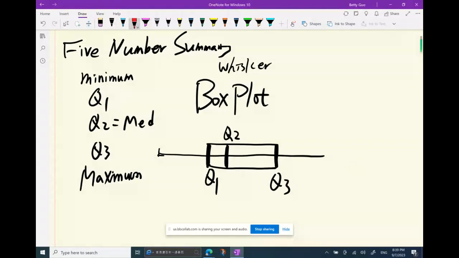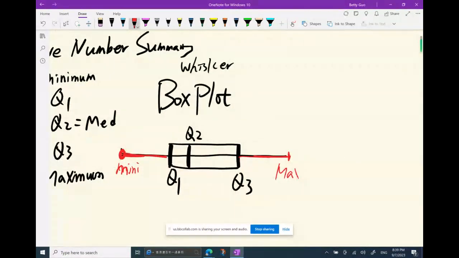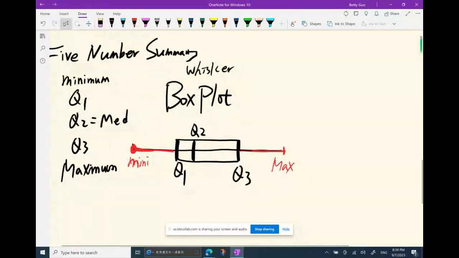These two things are like whiskers. This value is the minimum value, and this value is the maximum value. The box whisker plot is the graphic description of the 5-number summary. It is a better visual aid to understanding the 5-number summary.